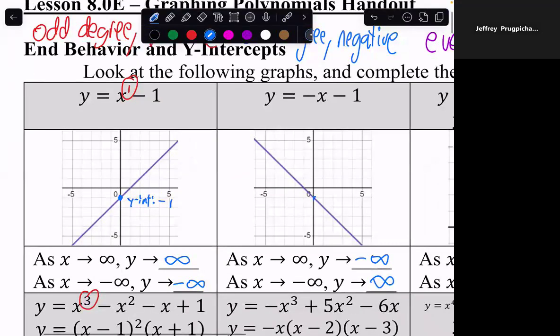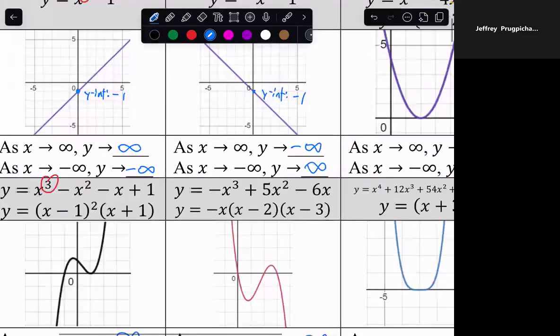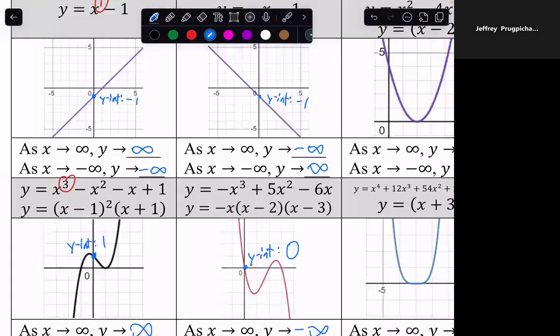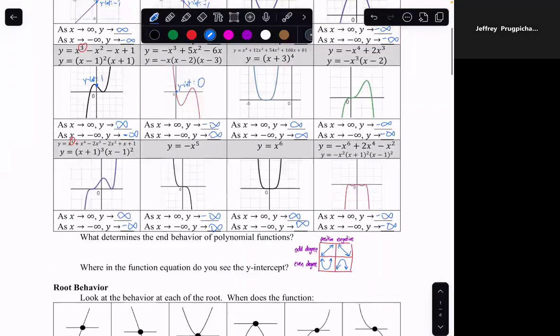Right here, the y-intercept is also -1. Here, the y-intercept is +1. Here, the y-intercept is 0.